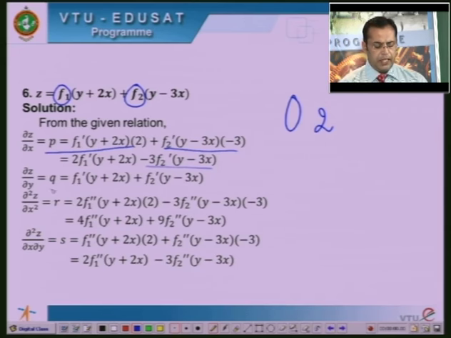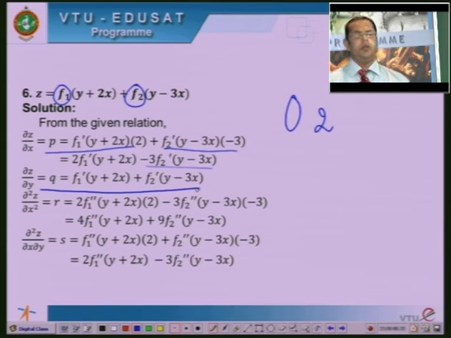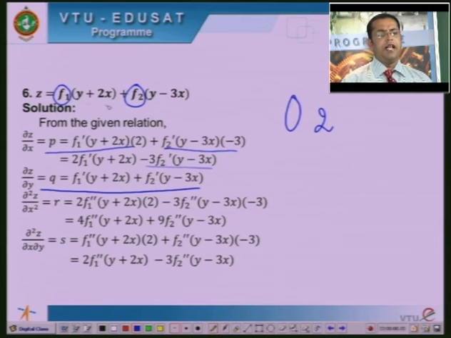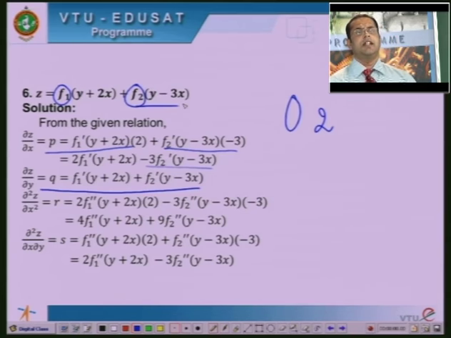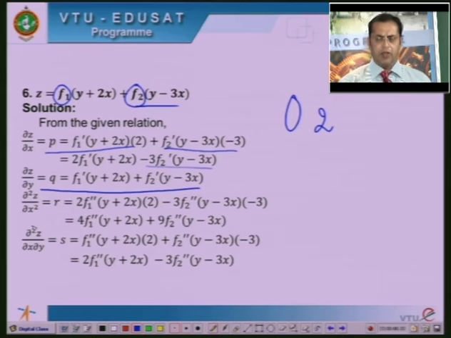Go to the next partial derivative, dou z by dou y equal to q, which is f1 dash of y plus 2x into 1 plus f2 dash of y minus 3x into again 1.